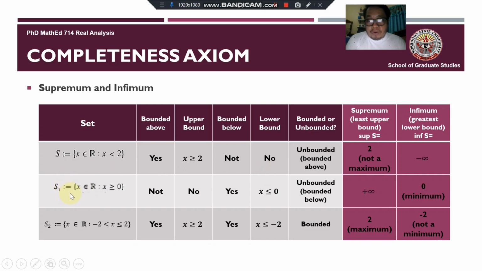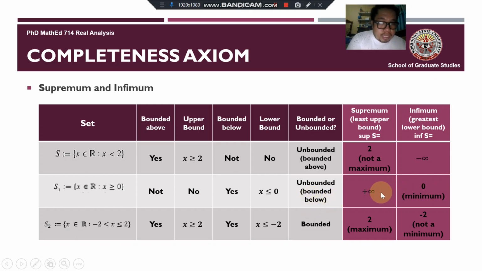Then what about S sub 1, the second set, in which the criterion is x is greater than or equal to 0? A while ago we identified that it is bounded below, having the lower bound x is greater than or equal to 0, and again that is unbounded since it is only bounded below.